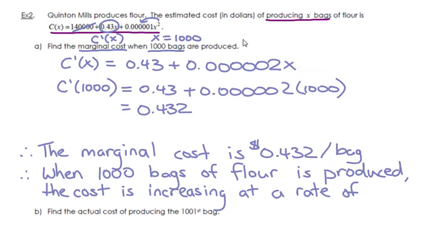In other words, when 1,000 bags of flour are produced, the cost is increasing, because this is a positive number, at a rate of 0.432, so about 43.2 cents per bag.